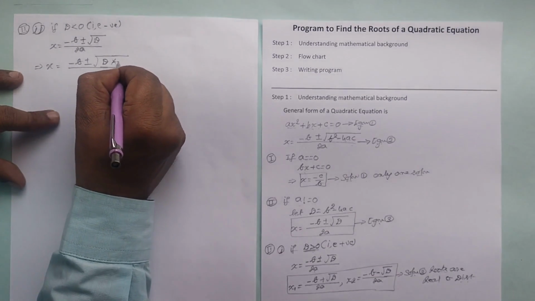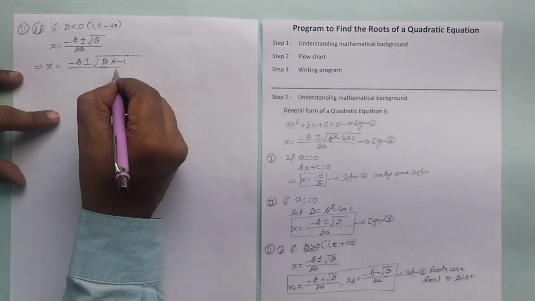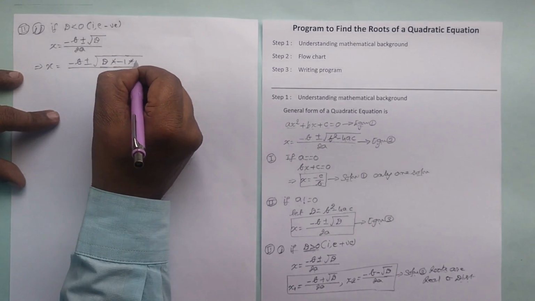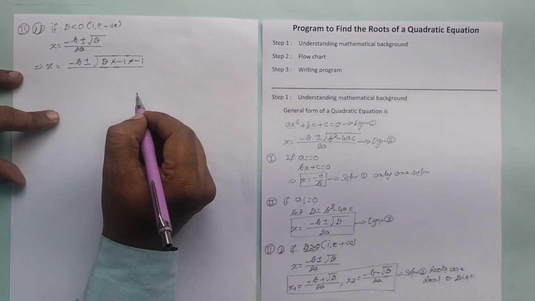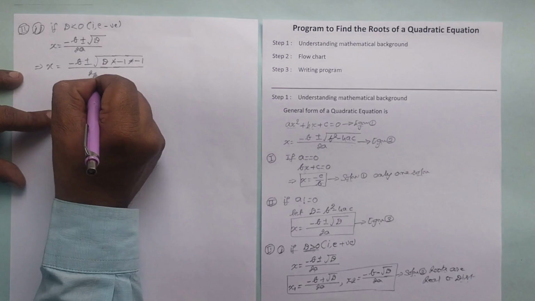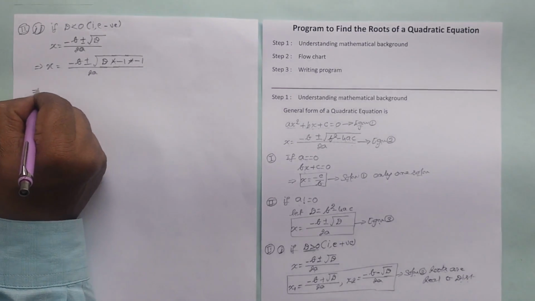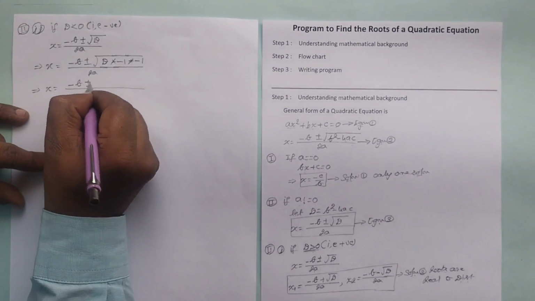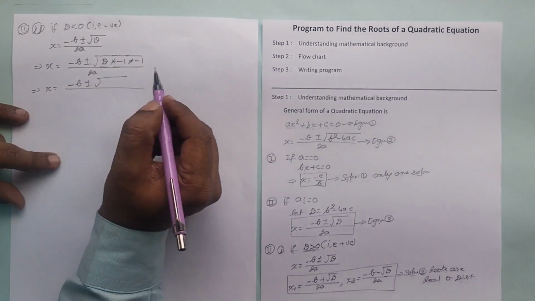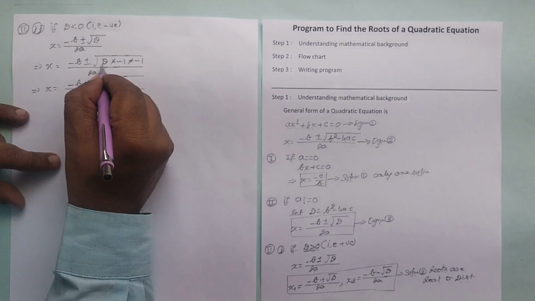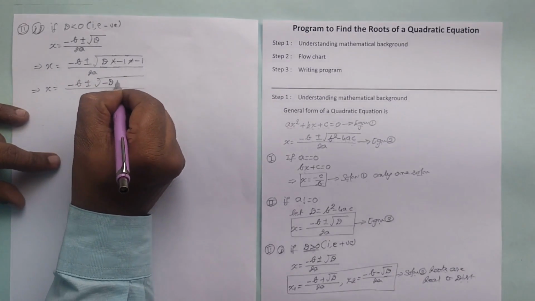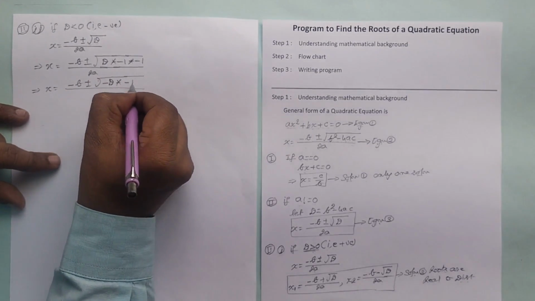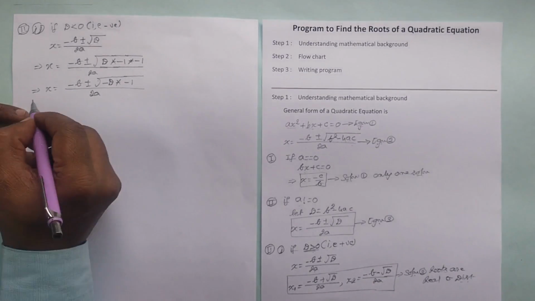Let us multiply the value of d by minus 1. To compensate, we have to again multiply by minus 1, divided by 2a. Then x is equal to minus b plus or minus the square root of minus d times minus 1, right? Then divided by 2a.